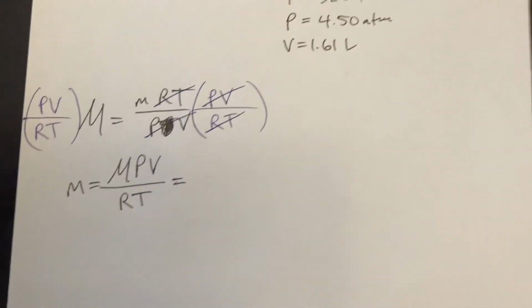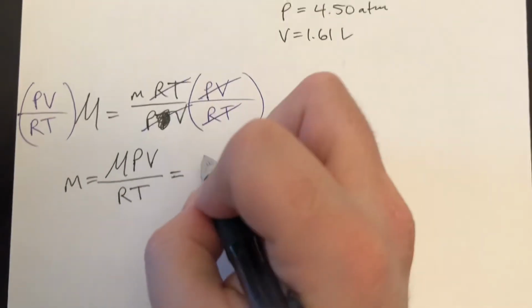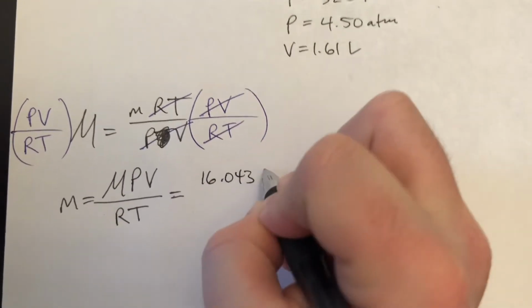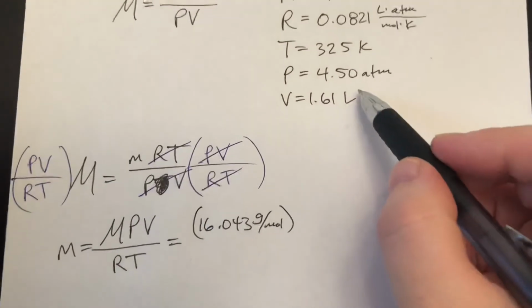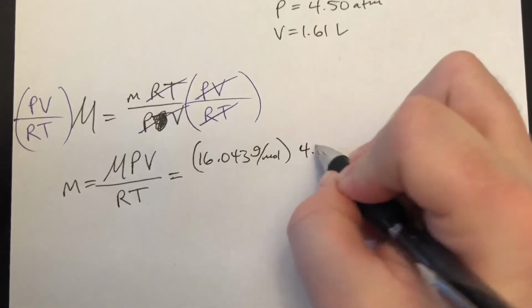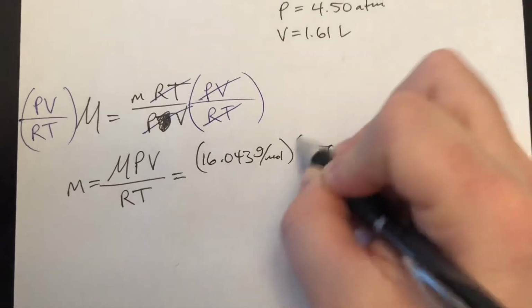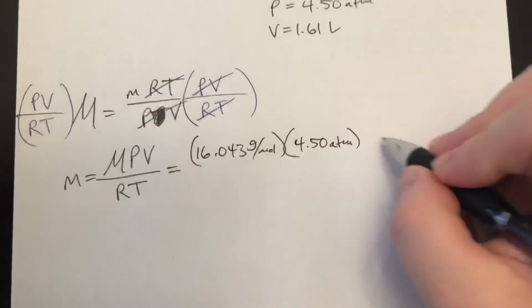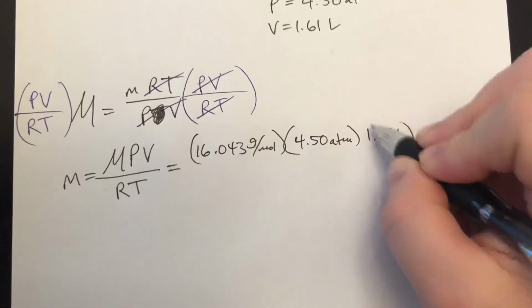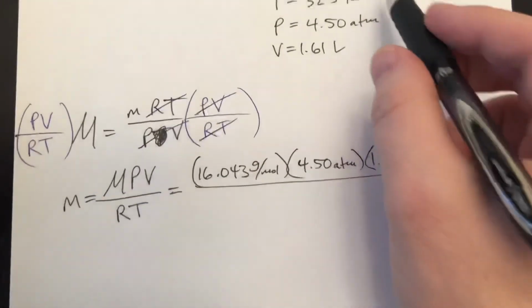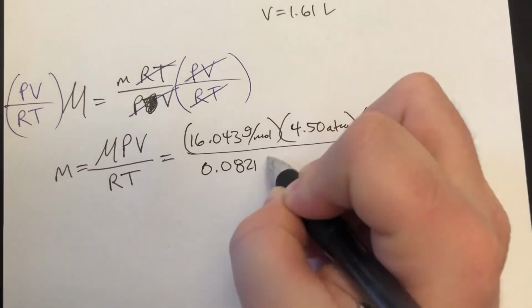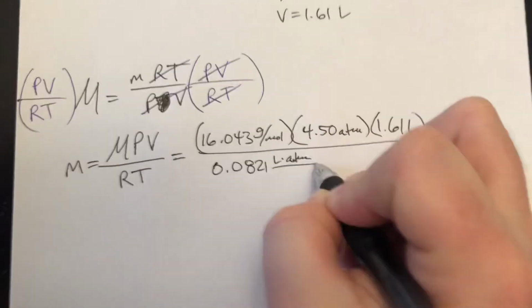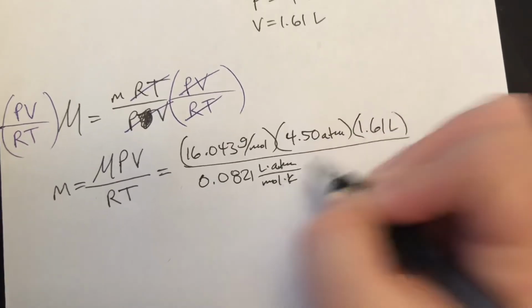Okay, well, if we plug everything in, this is 16.043 grams per mole. P is 4.50 atmospheres. V is 1.61 liters. R is 0.0821 liter atmospheres per mole Kelvin.